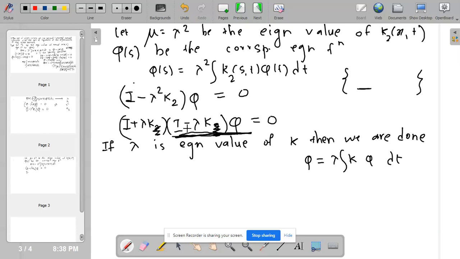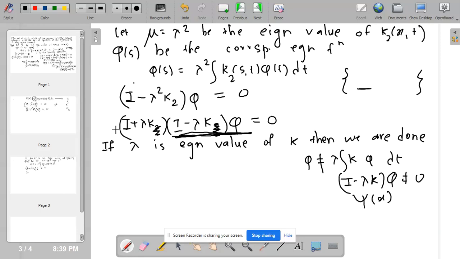Basically this equation is not true. This will not be equal to this, so if I take this to the other side, it will not be equal to 0. So this, I minus lambda k of phi, will not be equal to 0. I can call this full thing some xi of x.